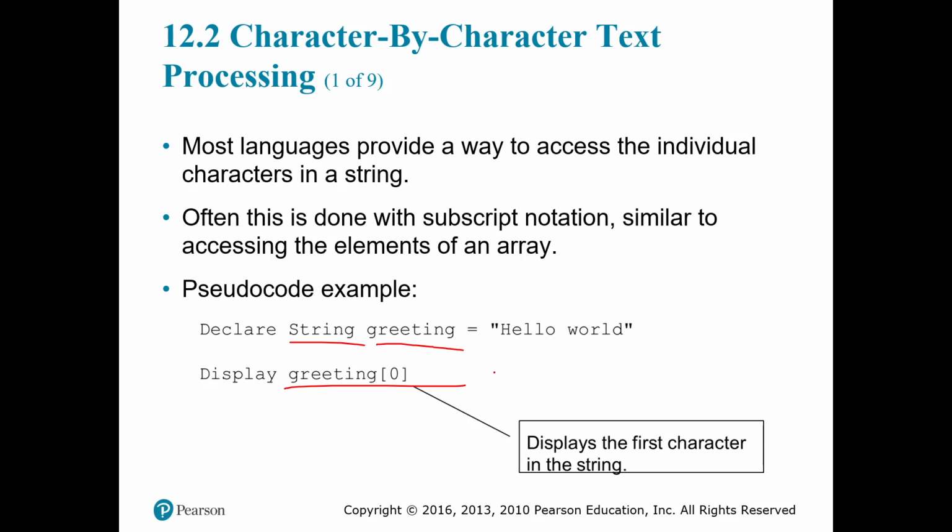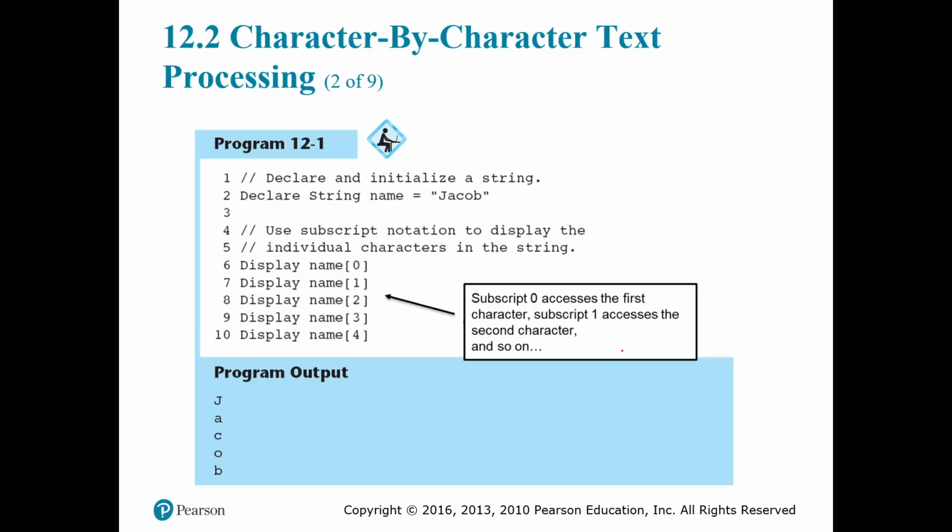Remember, it starts at 0, so the first element would be H. So this would display an H for us, just one character, just the first character. Here's another example for you. We have a string that contains "Jacob", and then we're just displaying each character one by one, and this would be the output right here, J A C O B.